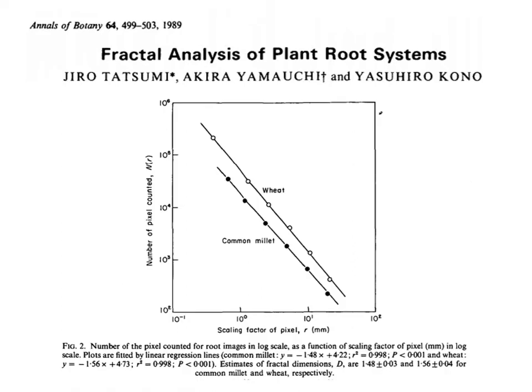The results are that the root systems they've analyzed are very close to fractal. You see in the high end here there is some deviation from the straight line, but it's mostly a pretty good straight line. And here are 2 of corn, millet, and wheat, and they got the fractal dimensions of these root systems.